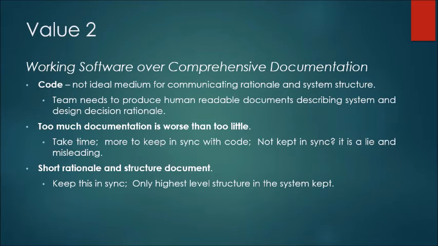Too much documentation is worse than too little. It takes time to keep in sync with code, and if not kept in sync, then it is a lie and misleading. So keep a short rationale and structure document, and keep this in sync. Only the highest level of structure in the system is kept.